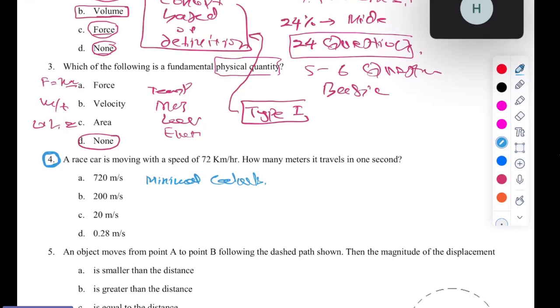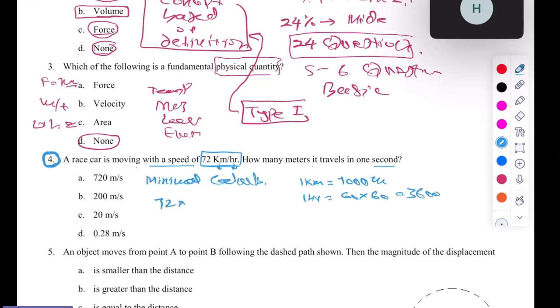Okay, a race car is moving with a speed of 72 kilometers per hour. How many meters does it travel in 1 second? So we need to convert this kilometer per hour. 1 kilometer is 1000 meters, and 1 hour contains how many seconds? 60 minutes and 60 seconds, which equals 3600.